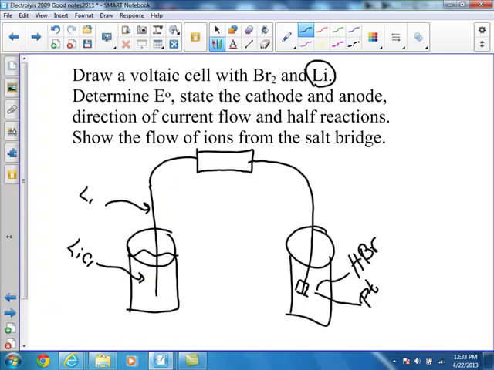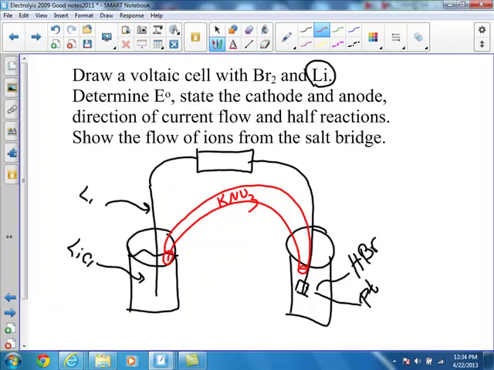So you'd use the catalyst in this particular case. Okay? Then we need to connect this with a salt bridge. Let's put KNO3 in our salt bridge. Okay?